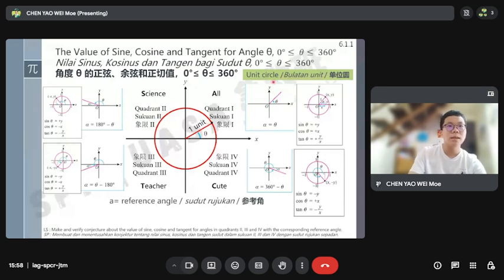All the radii equal 1. I summarize all the things that you learn in the mathematics textbook into one paper, one whole thing here.